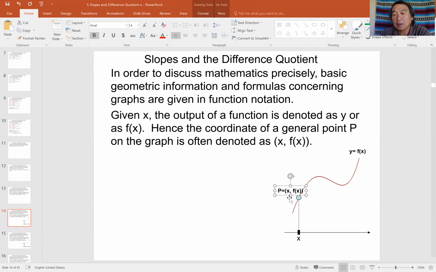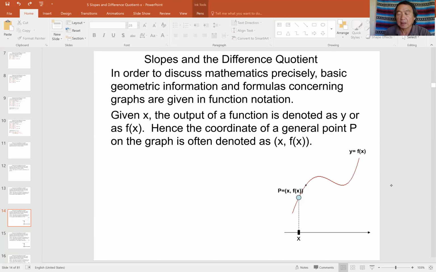That point will be x, whatever x is, and the y component is what you get when you plug in x, which is f of x. So this is the generic picture of a generic function, a point x and its point on that graph.